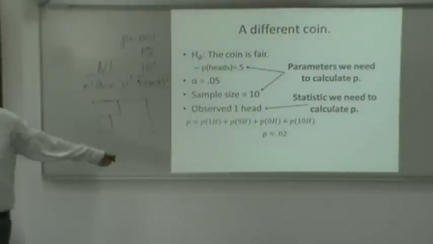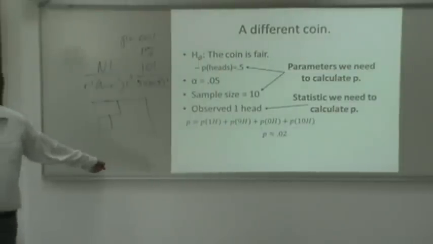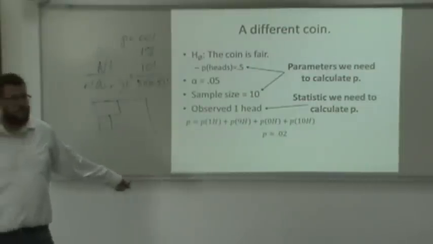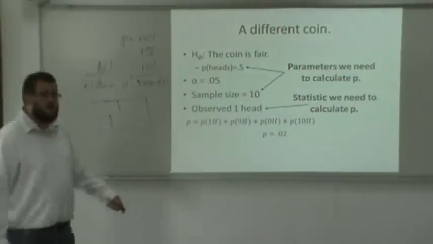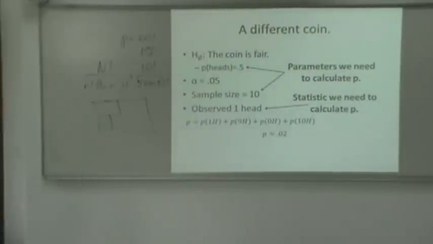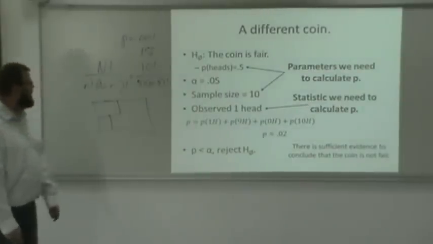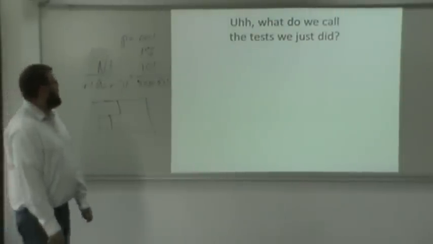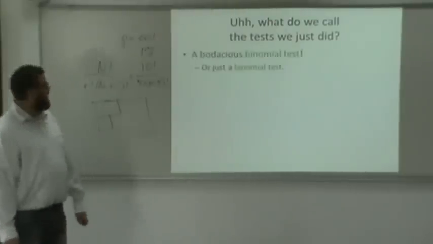So what do we do? We reject the null hypothesis, because P here is less than alpha. And we said when it's equal to or less than alpha, we're going to reject. So we conclude that there is sufficient evidence to conclude that the coin is not fair.